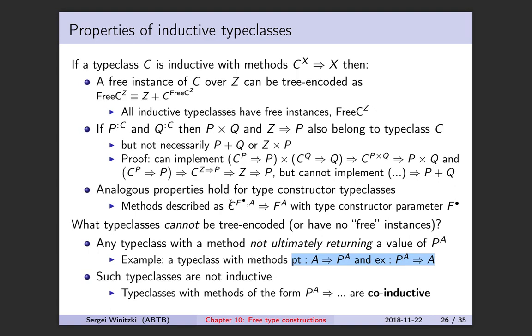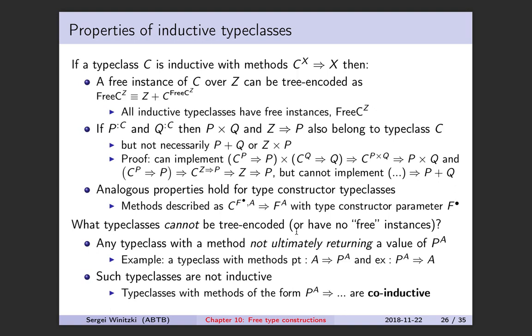It does not have a representation of methods through a methods functor, like this or like this. And therefore we cannot do a free construction of it using trees, and we don't know how to encode free instances of this class. Traversable functor is another example of non-inductive.